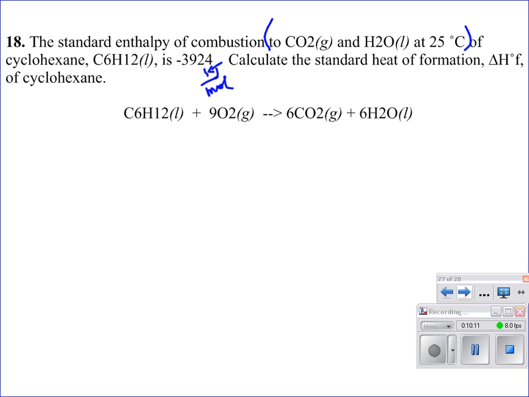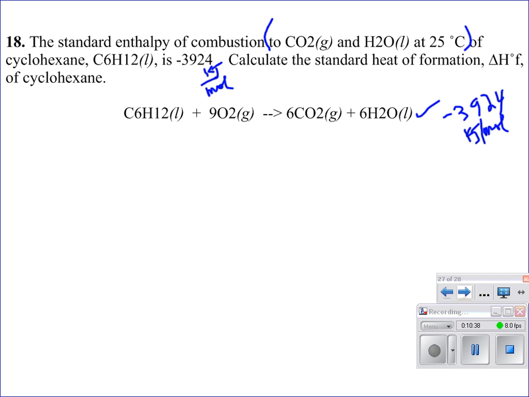What does it mean to be a standard enthalpy of combustion? It's the amount of heat that's released when cyclohexane is combusted. Isn't that this equation? Okay. So what is that delta H? That's the delta H that goes with this equation. -3924 kilojoules is given off when a mole of that goes.